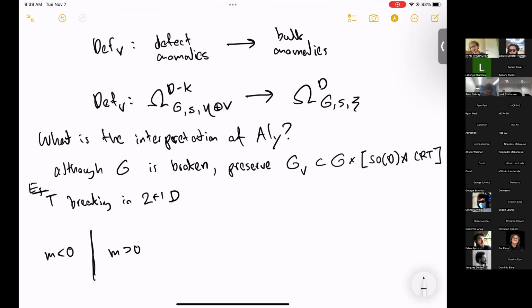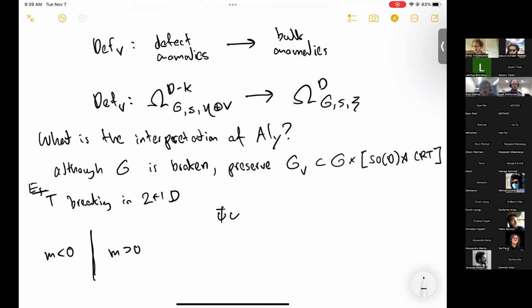Time reversal symmetry can't act on the domain wall degrees of freedom because it doesn't preserve the boundary conditions, right? It negates this mass. But if you combine time reversal with this CRT symmetry that reflects the profile, then everything is good.